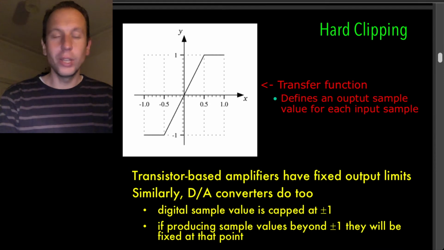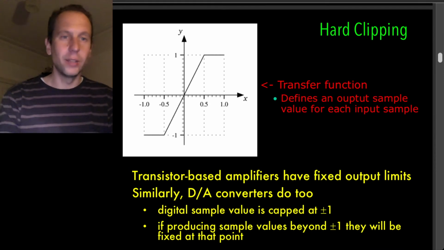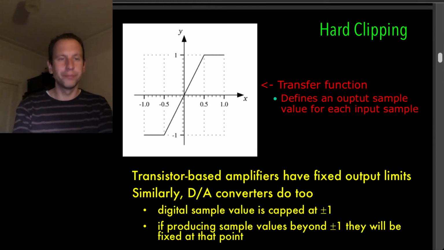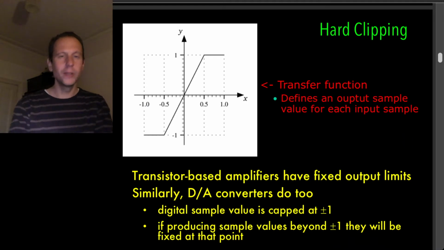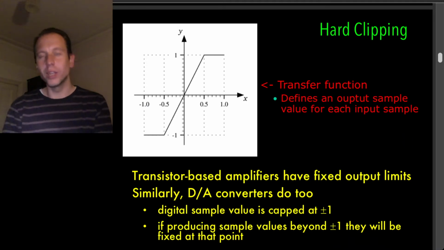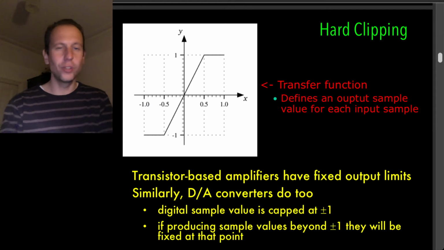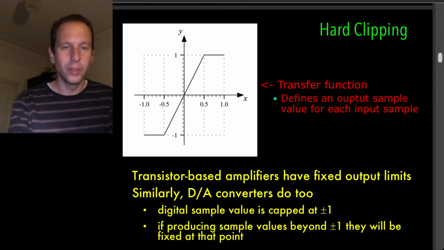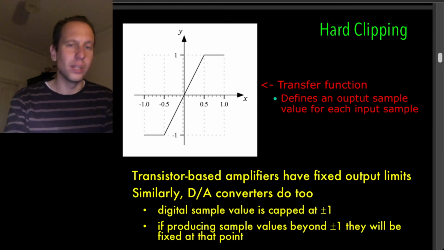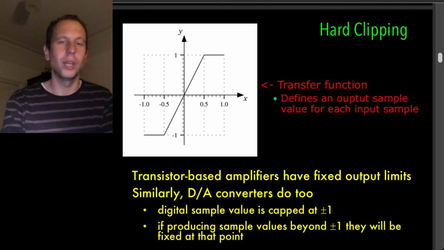Okay, so let's look into actual algorithms and into the detail of this. Basic first thing you probably heard already, hard clipping. In the digital domain, it looks a bit like the graph in front of you. So what you see is that there is a linear transfer between the input values, right?